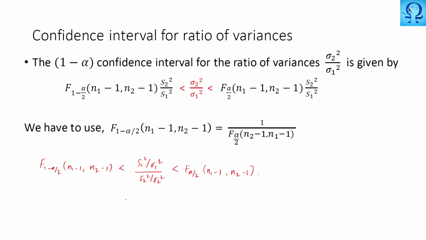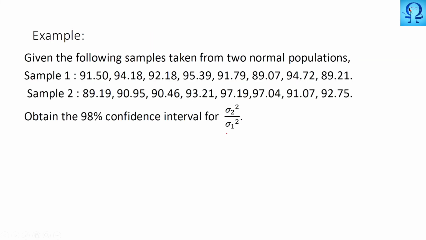We are trying to find the confidence interval for this. So this shall be written as s1 square upon s2 square multiplied by sigma 2 square upon sigma 1 square, and these two quantities are there as they are. If you take this sample variance ratio to the other sides, you would get this confidence interval. In order to find f of 1 minus alpha upon 2 of this, you can make use of this formula.